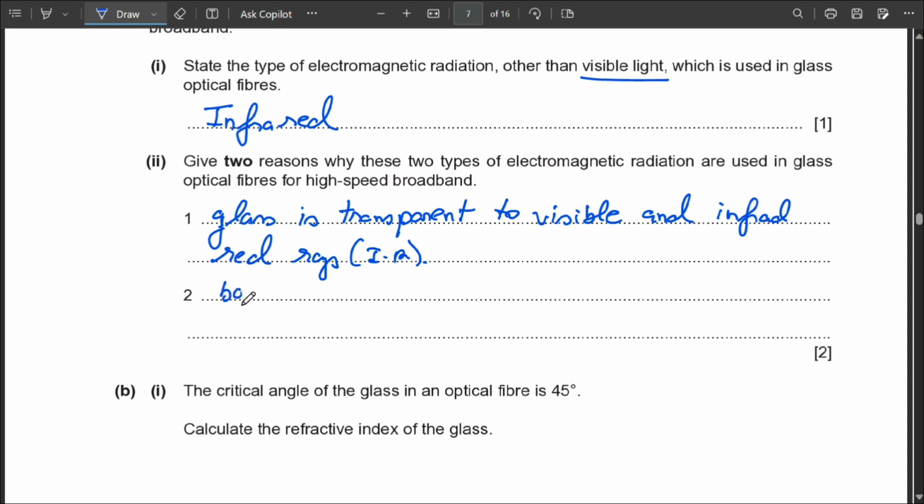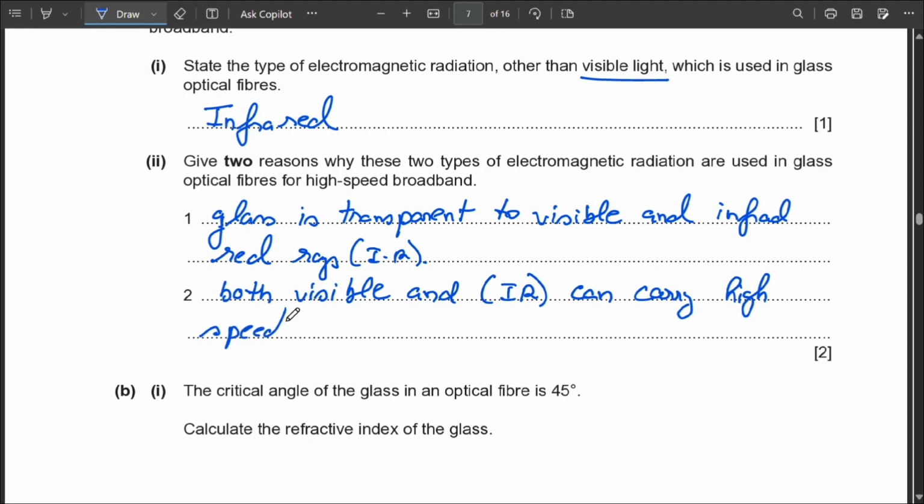So what we will write: both visible and infrared rays can carry high data rate, or you can write high rate of data. So that's why they are used.